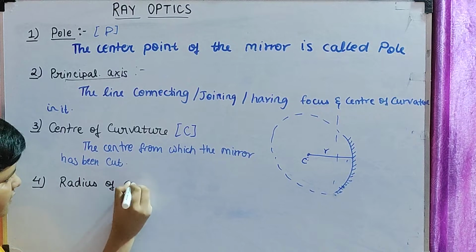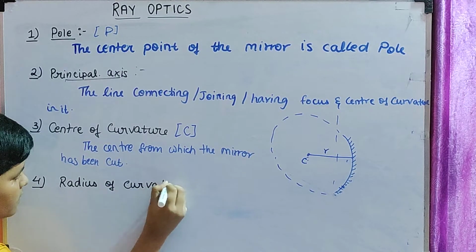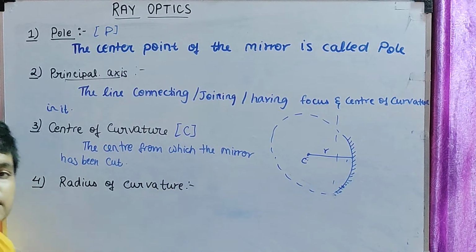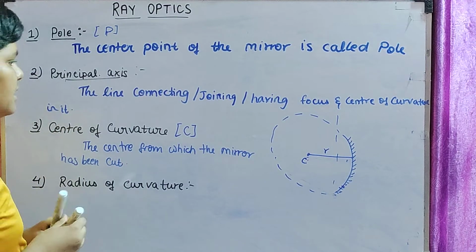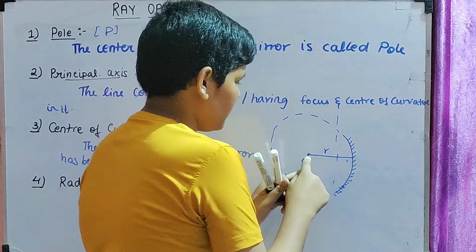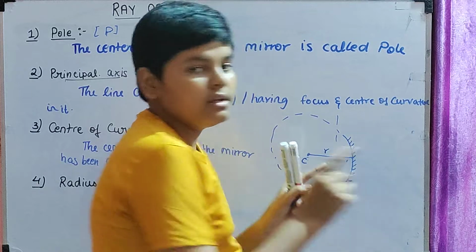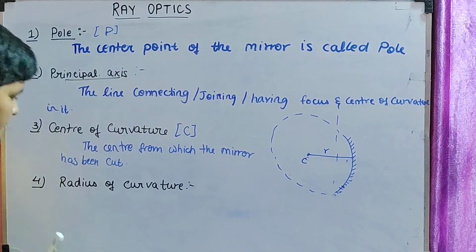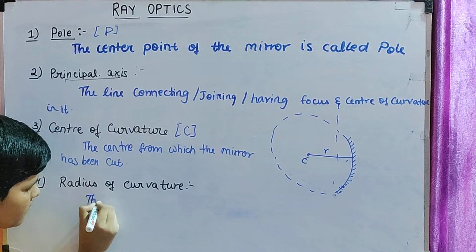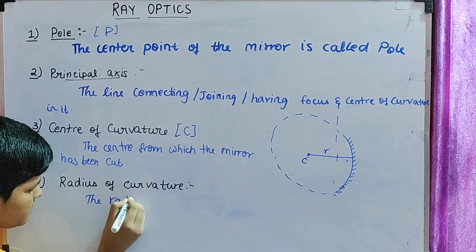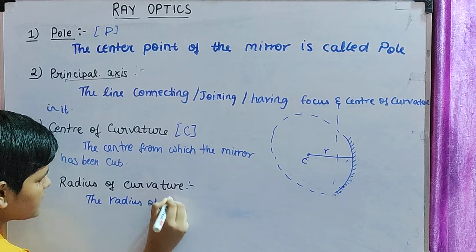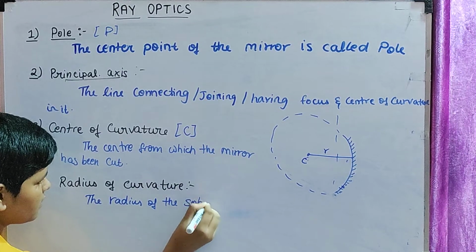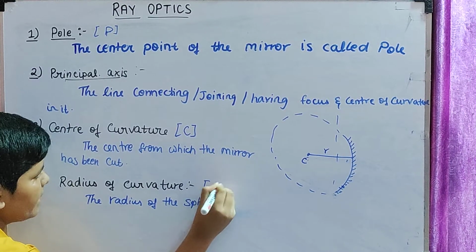What is radius of curvature? The radius of curvature is the radius of the sphere from center of curvature to the pole. The distance between center of curvature to the pole is called the radius of curvature. So the radius of the sphere, this is represented by R.